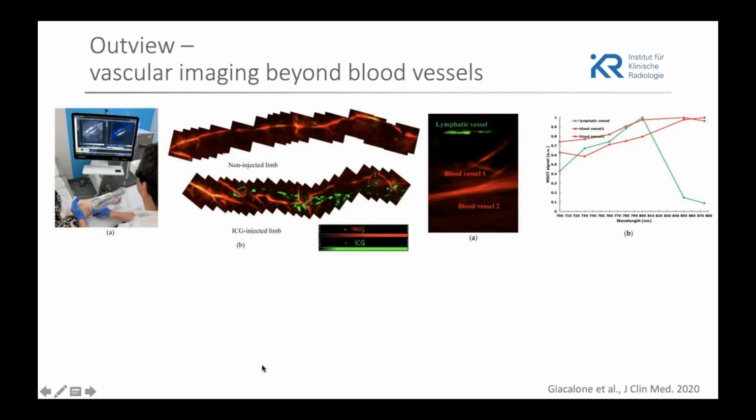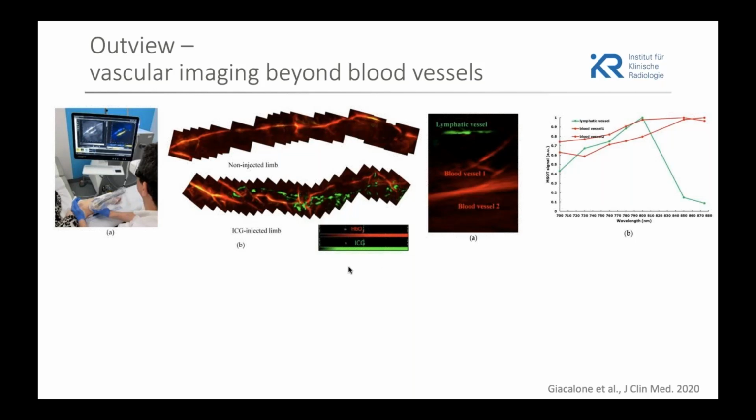Just as an introduction, as an outview for you guys, there's not only veins and arteries imaged by MSOT. There are first attempts to assess the lymphatic vessels as well, just recently published in the Journal of Clinical Medicine by a Japanese group.